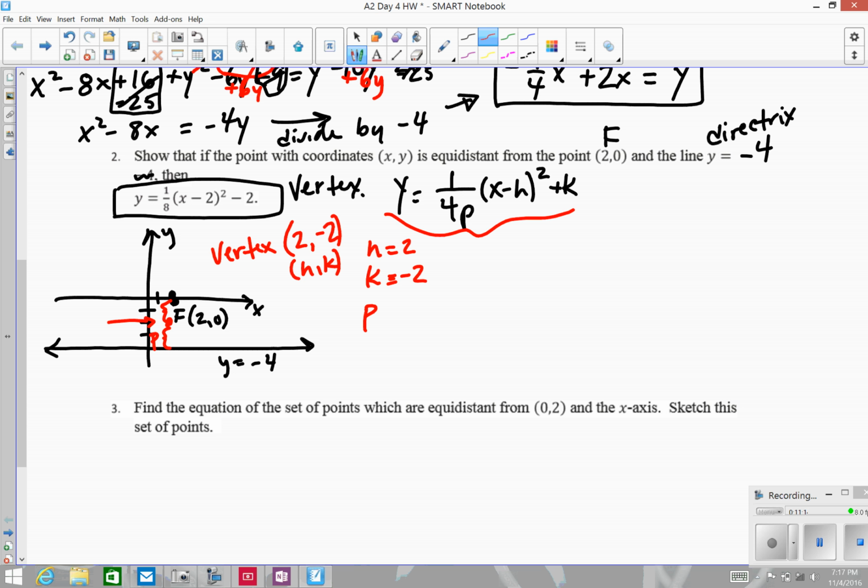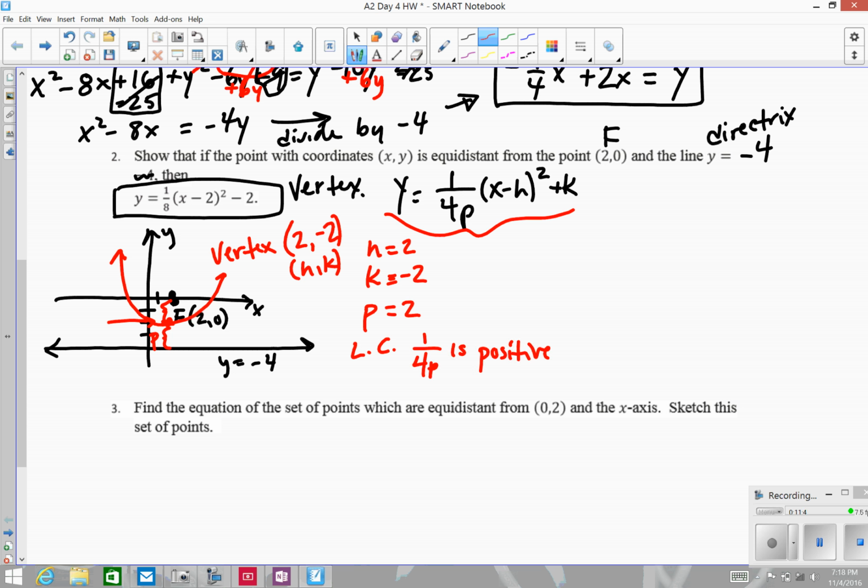So p looks like it's going to be 2 units from the vertex to the focal point. And I want to see which way my parabola is going to open up. Here's the vertex. I have to curve around my focal point up there, away from the directrix. So I'm opening upwards, so I know that my leading coefficient, 1 over 4p, is positive.